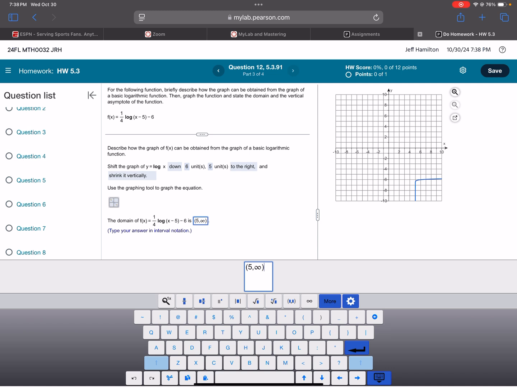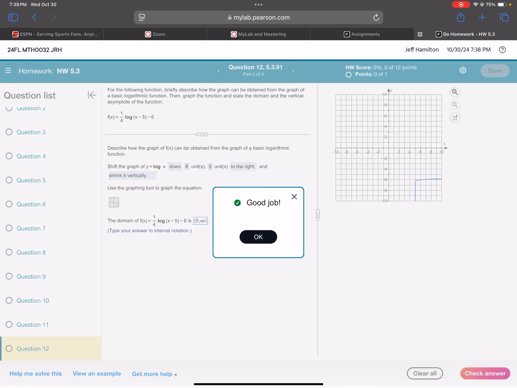So it starts at 5 and goes all the way to the right. And notice it can't include 5, so I don't put a square bracket before the 5. It's a round bracket because that line will get us close to the vertical line at 5, but it'll never touch it. So that's my domain.